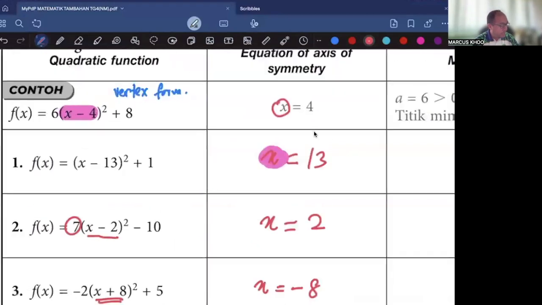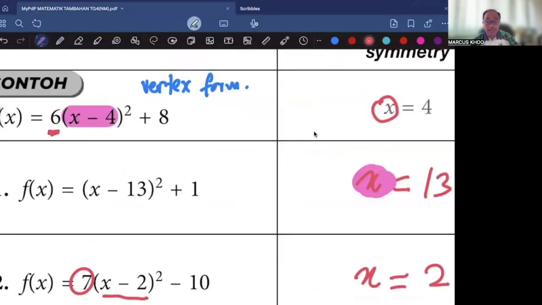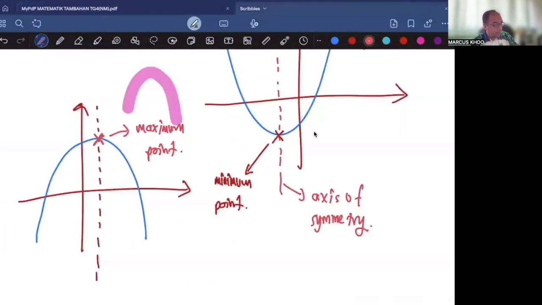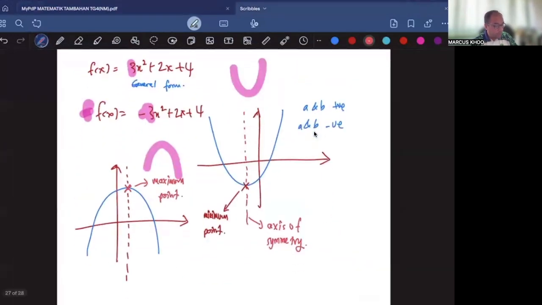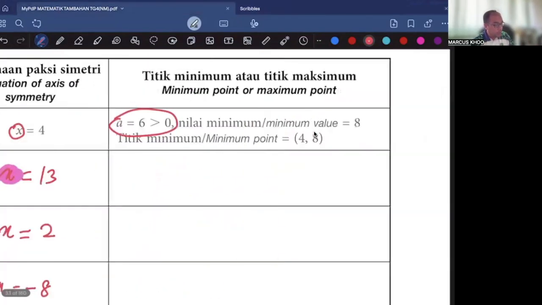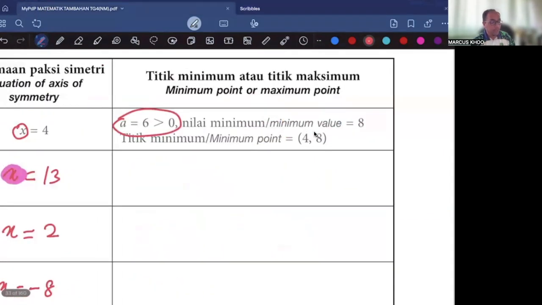In this case, a is a positive number, and we established just now that if a is a positive number, it is a minimum graph. If it is a maximum graph, a is negative. So in this question, a is positive, and the minimum value is 8.